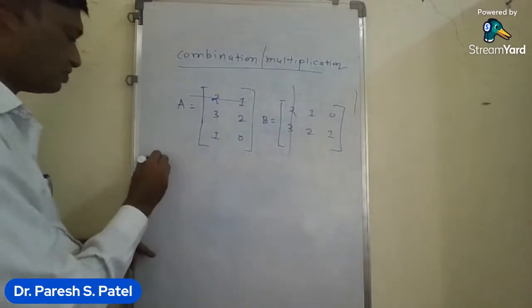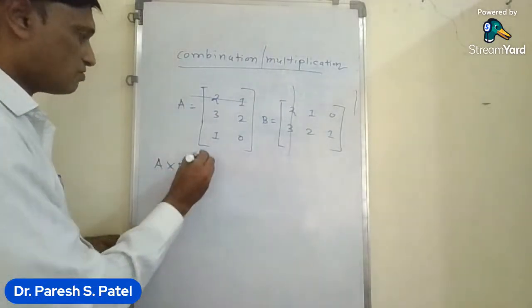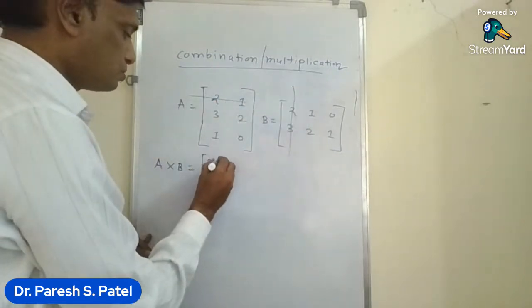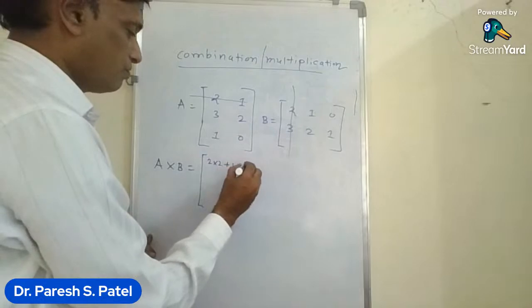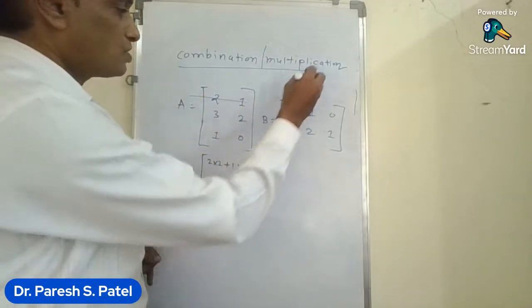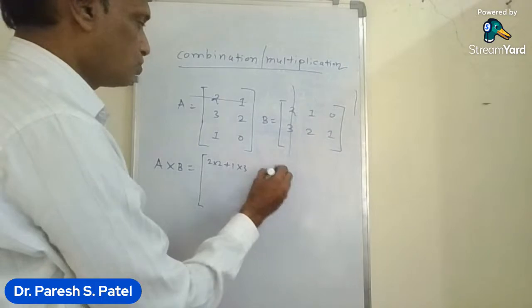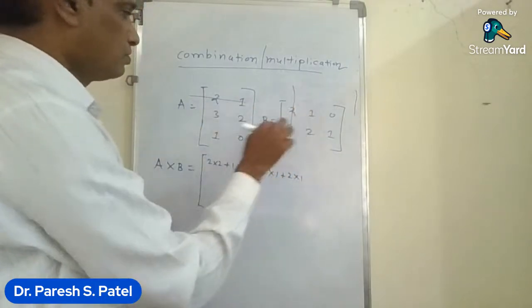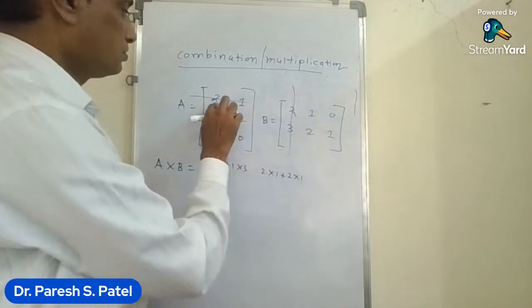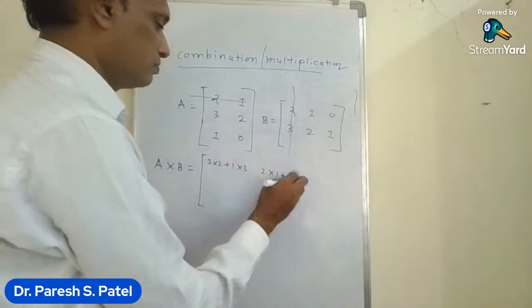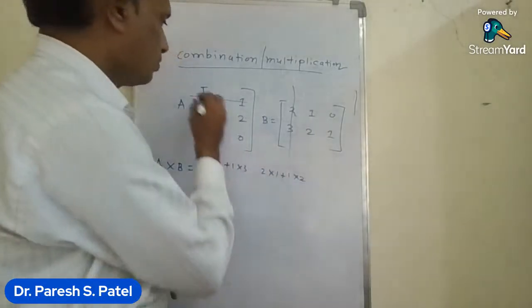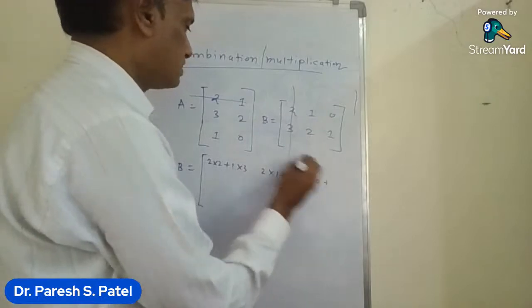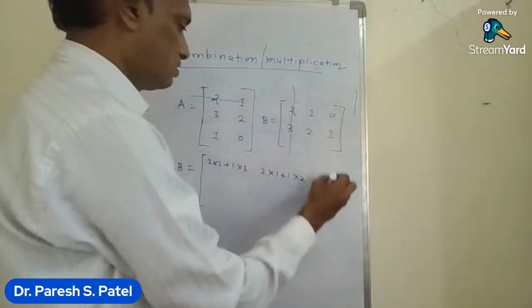So if you go for A cross B, first row, first column, it means 2 2s are plus 1 3s are. First row, second column, 2 1s are plus 2 1s are. First row, third column, 0 plus 1.